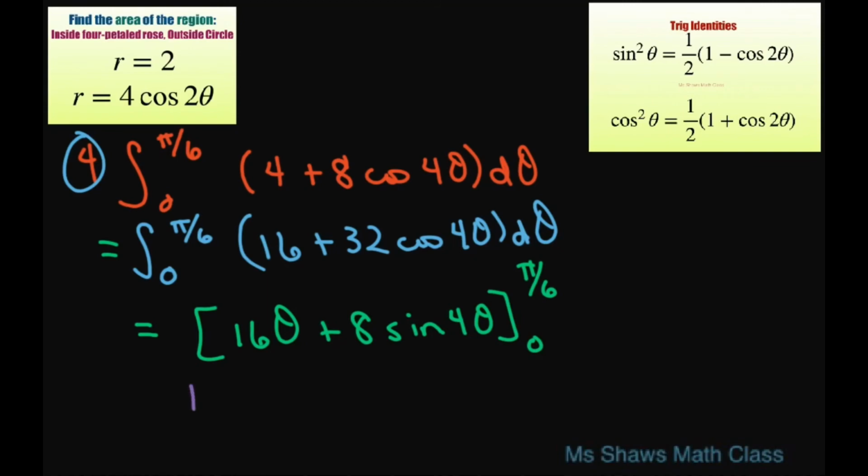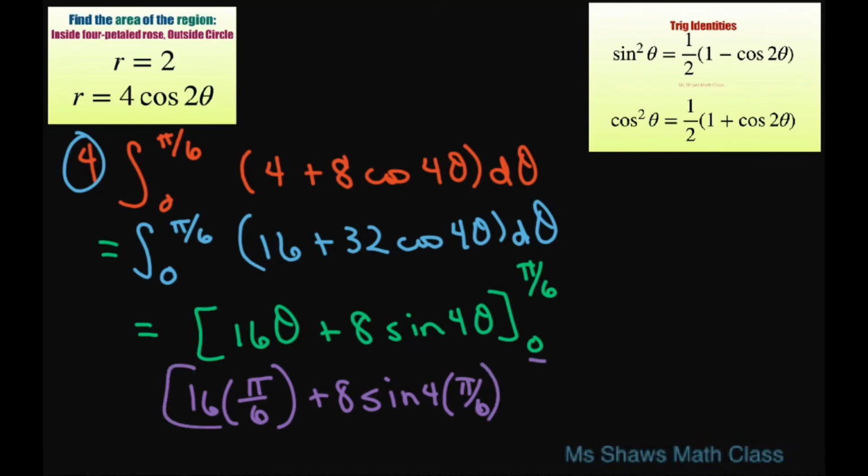So we have 16 times pi divided by 6 plus 8 times sine of 4 times pi divided by 6. And with this 0, you're just going to get 0 minus 0.